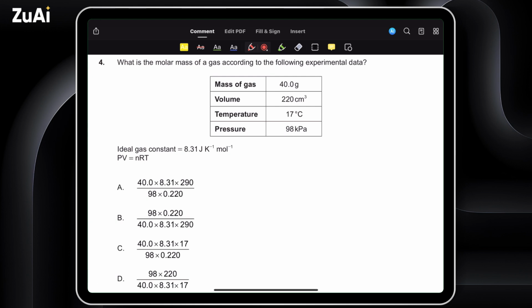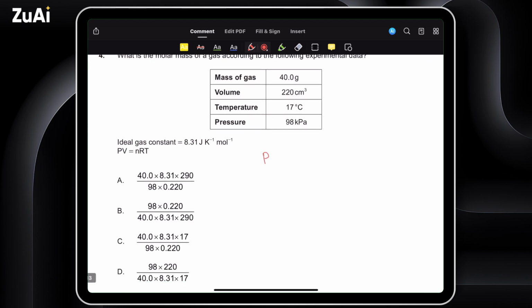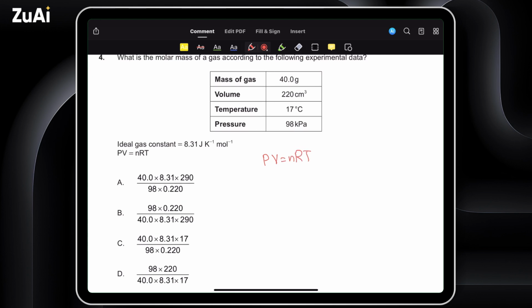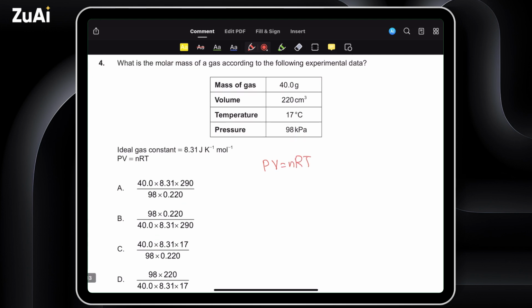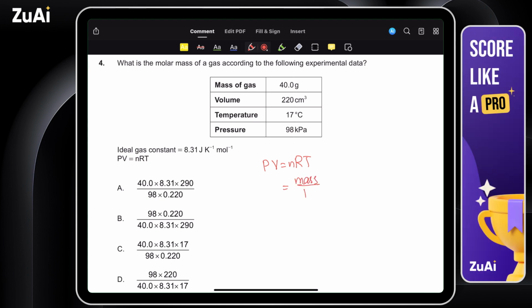Now we have PV = nRT, and we have to calculate the molar mass. What is the molar mass? n is moles, so it should be mass over Mr. PV = (mass over Mr) times RT. So in order to find Mr, it should be mass times RT divided by PV.